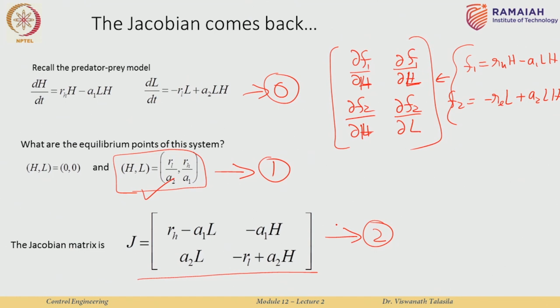Now, in order to derive the linearized system, we know that we are going to substitute the values of H and L into the Jacobian.